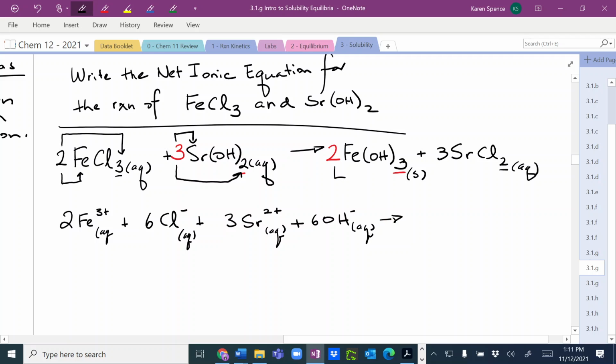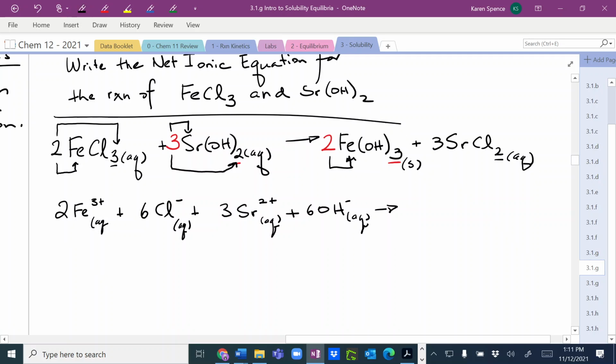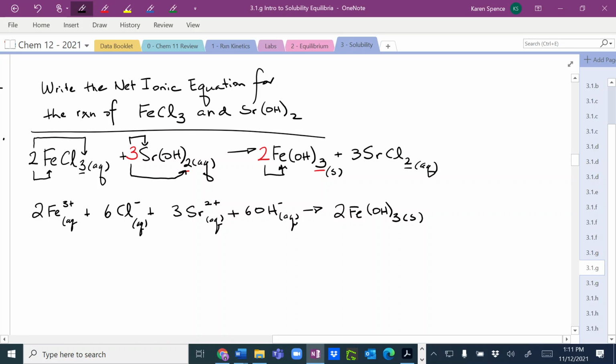How many irons? Trick question, it's a solid, so I don't take it apart. There are 2 ions, but I don't want to split it up. So we have 2 Fe(OH)3 solid. And now I'm running out of room, so I'm going to make my screen bigger. There we go. How many strontiums? 3.